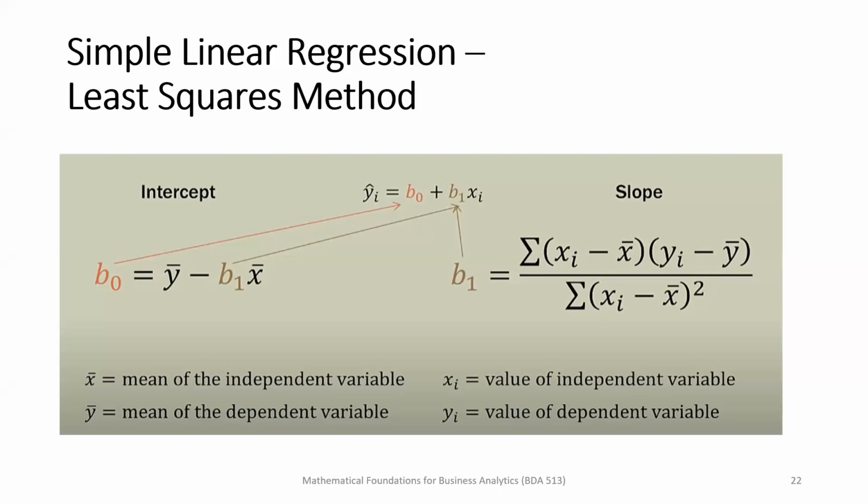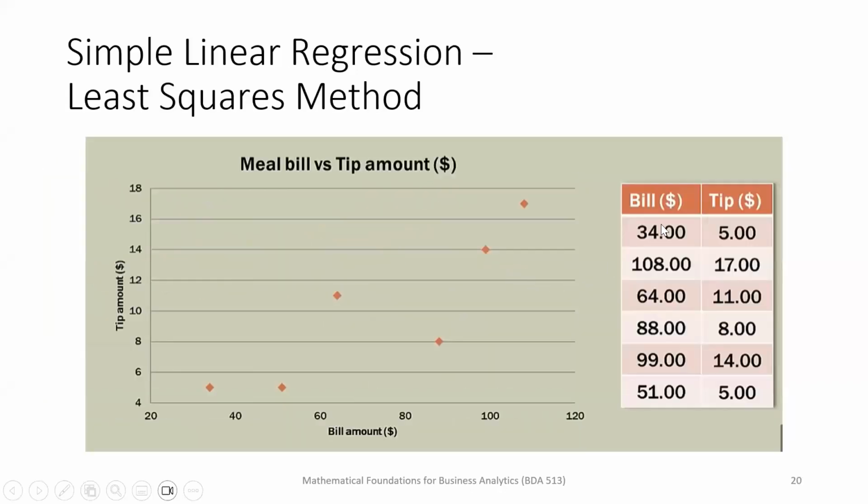Let's say based upon this model, we want to determine the amount of tip that can be given based upon the amount that was spent on food. In this case, the amount that was spent on food is the independent variable, but the amount that will be spent on the tip will depend upon the amount that was spent on food.